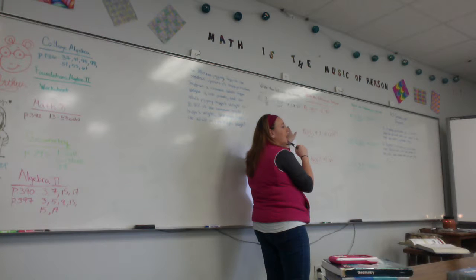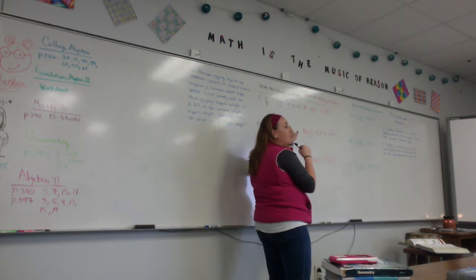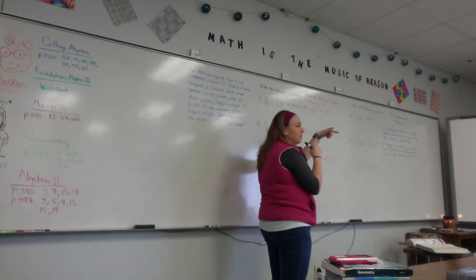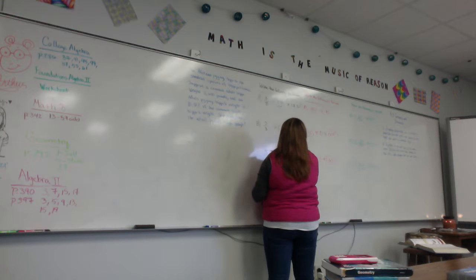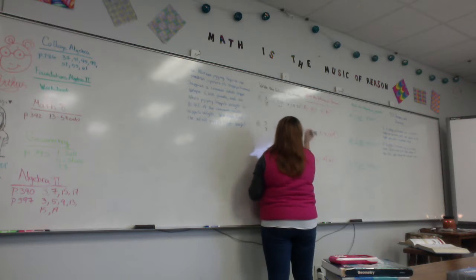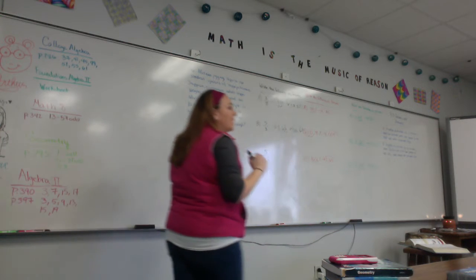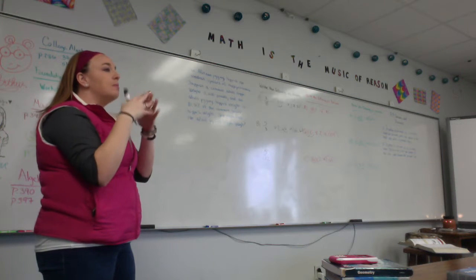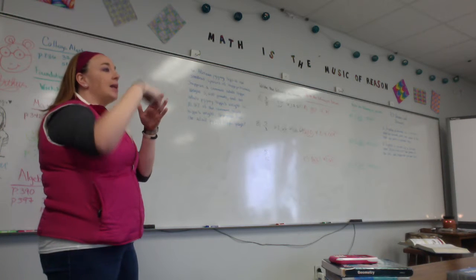What does this tell me? That it's repeating. So what comes next? A 6. So if I change this to a percent, I get 166.6 repeated percent. So you want to keep the repeated ones so that you remember to add it to the end.